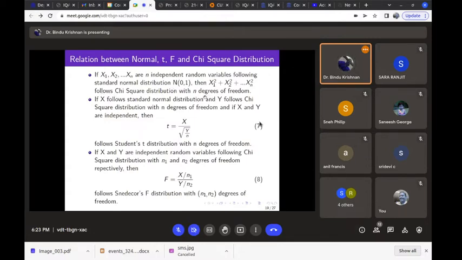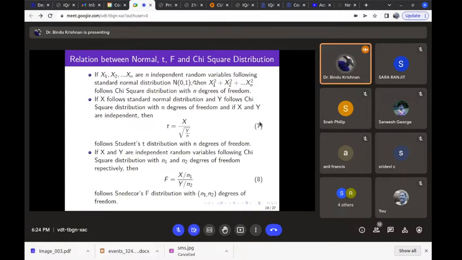That is, the sum of squares of n independent standard normal variables follows the chi-square distribution. Since we take n random variables here, it has n degrees of freedom. So that is the relation between chi-square and normal.